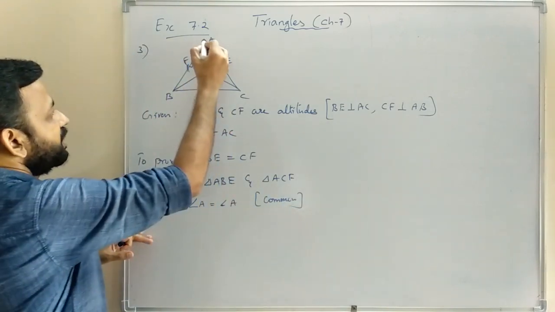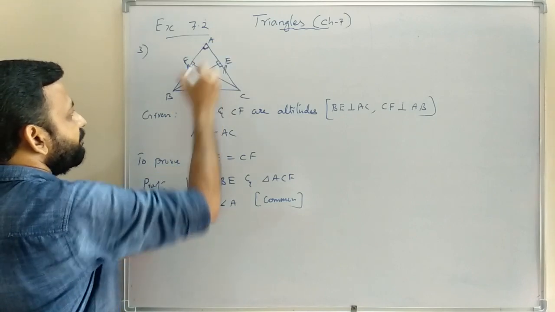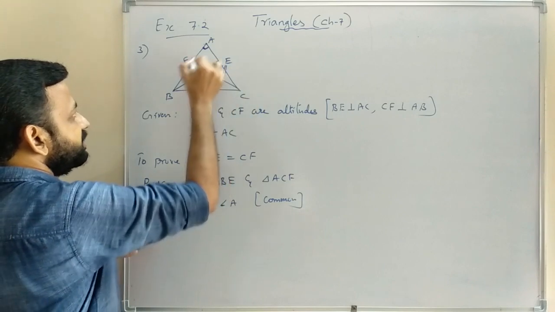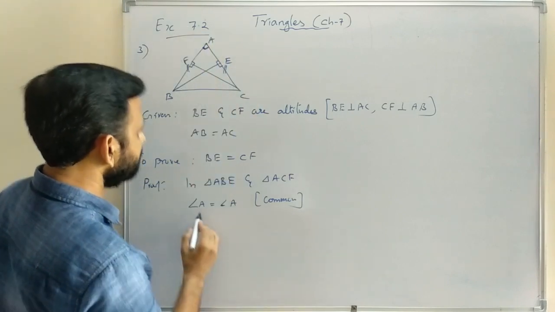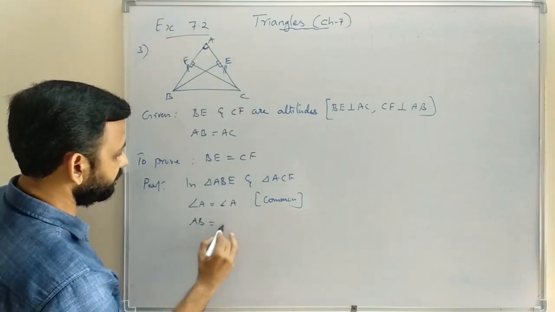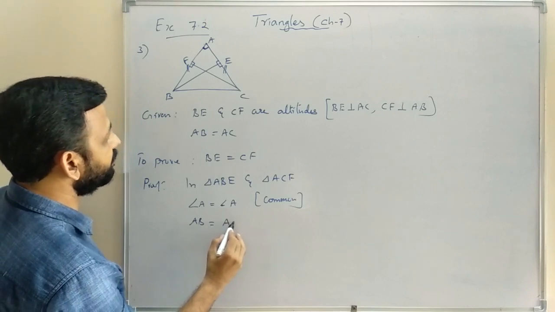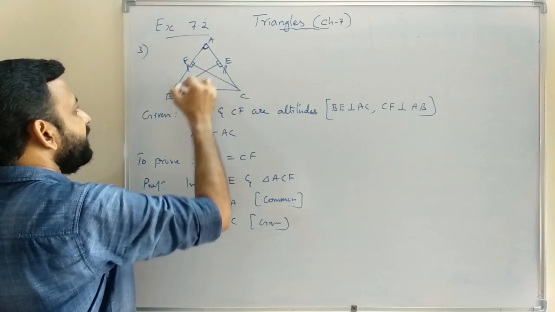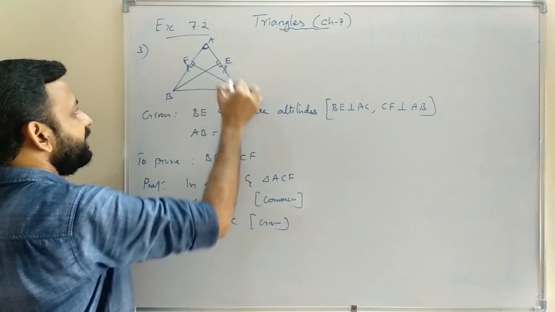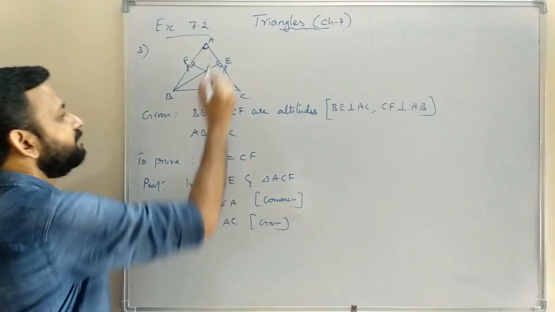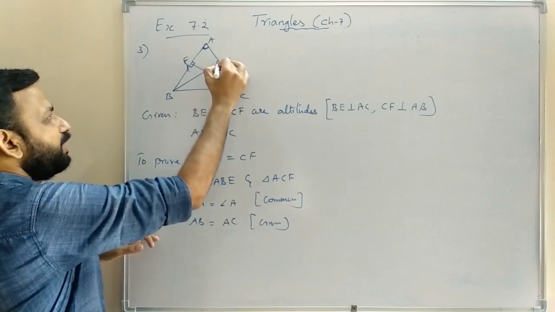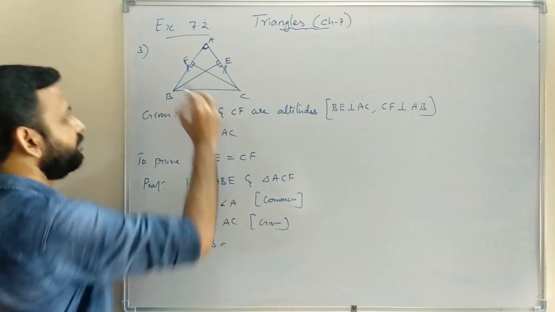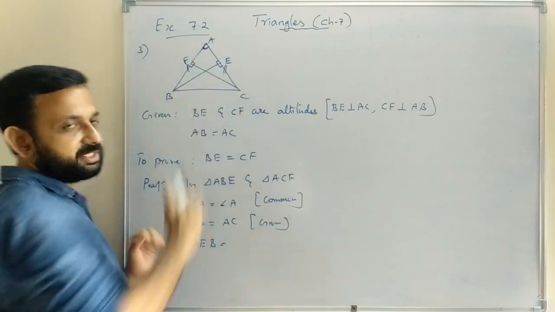Then side AB of triangle ABE equal to side AC of triangle ACF. So we will write AB equal to AC, that is given. Then angle AEB equal to 90 degree, because BE perpendicular to AC.